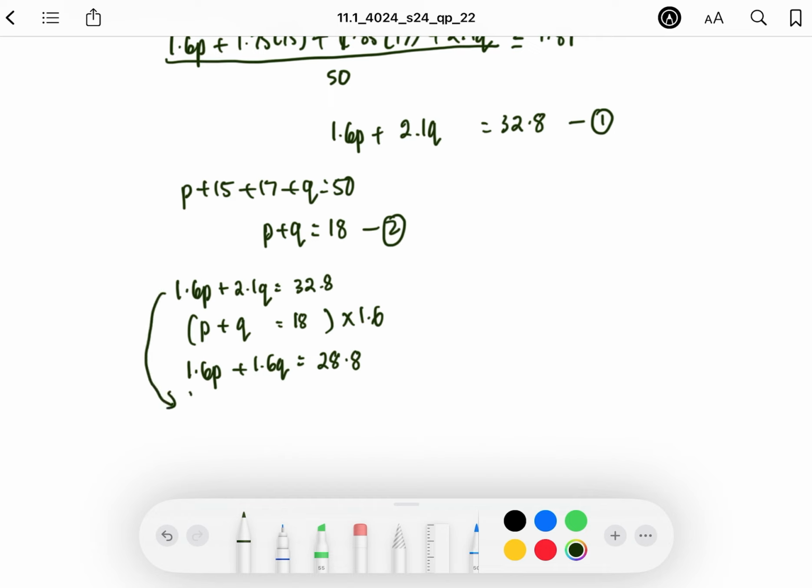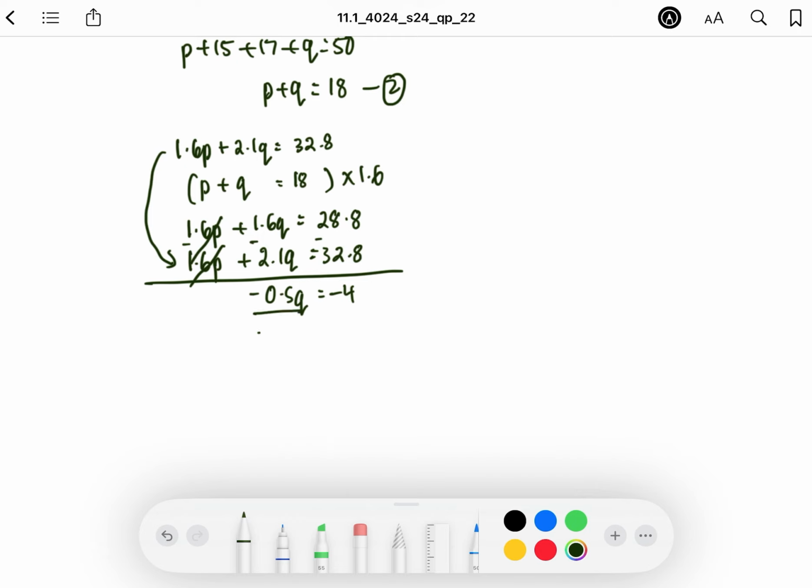Putting this below so it's easier to see, minus all of this together: 1.6 minus 1.6 is 0, 1.6 minus 2.1 equals minus 0.5q, and 28.8 minus 32.8 equals minus 4.